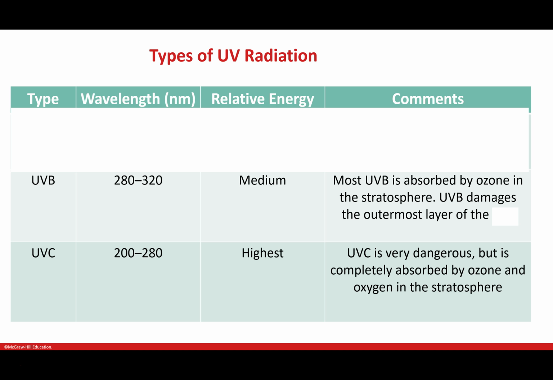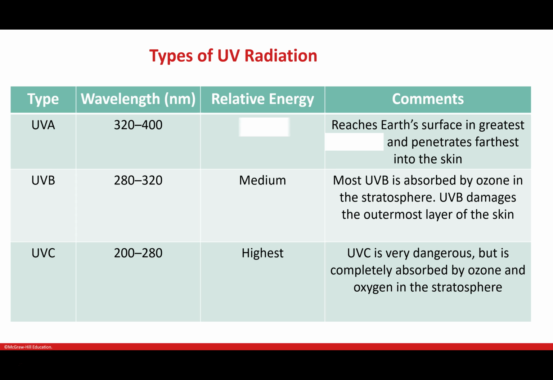So UVB is medium. And UVB, you can read in the textbook. I just think it's so interesting. I've heard Amber talk a little bit about this, but UVB is not as energetic as UVC. Hopefully UVC never gets to us, but UVB will only penetrate the first part of our skin.